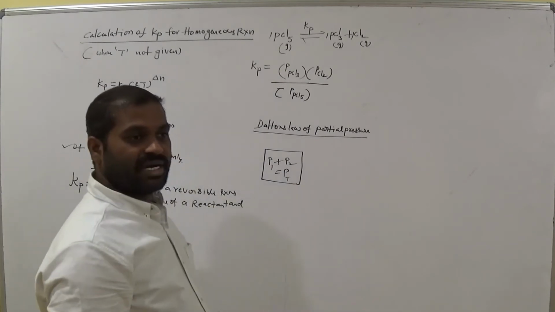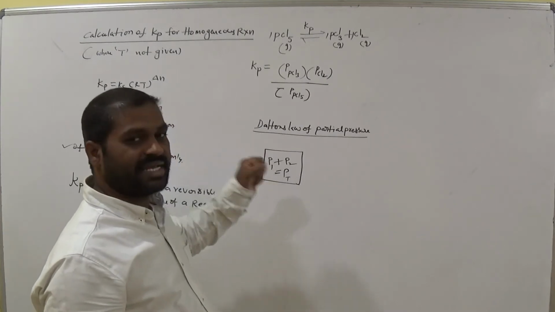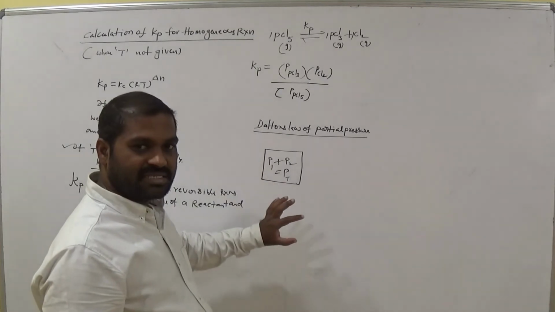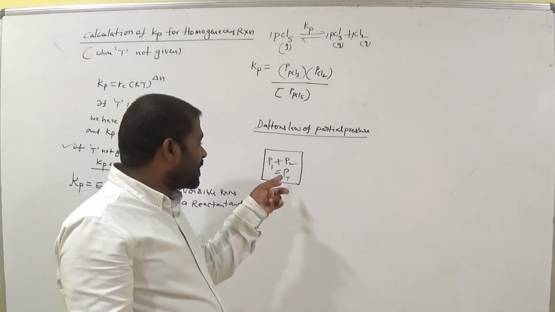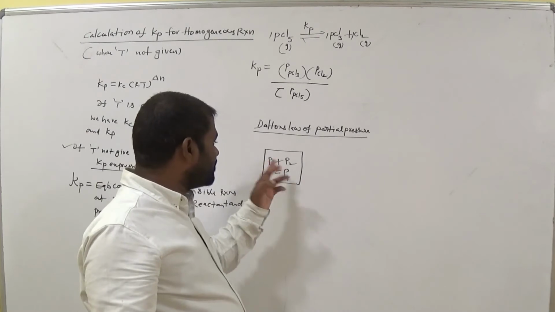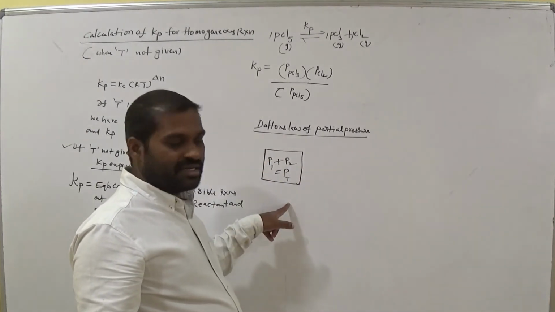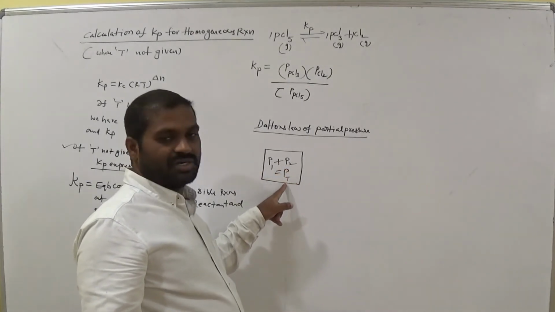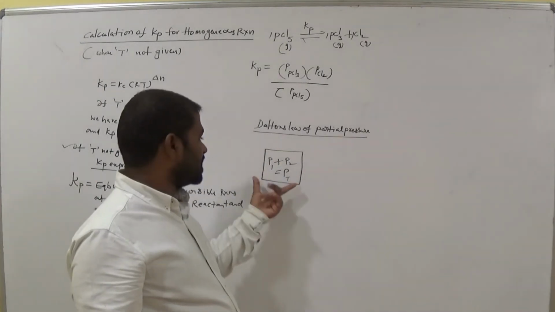That means the pressure exerted by each gas is P1 and P2, and the sum of their individual pressures becomes the total pressure of the mixture. Am I right? So this is Dalton's law.